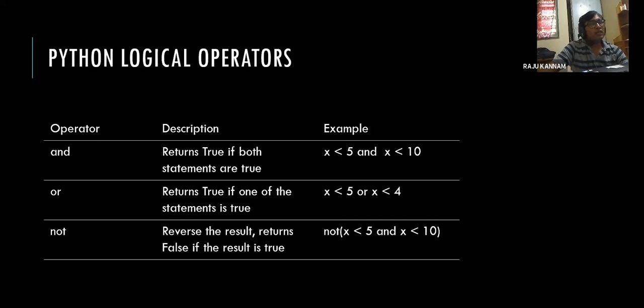in some scenarios, when I am implementing a real-time scenario where we have a light and a fan, if the light is on and the fan is on, then I have to take a decision.